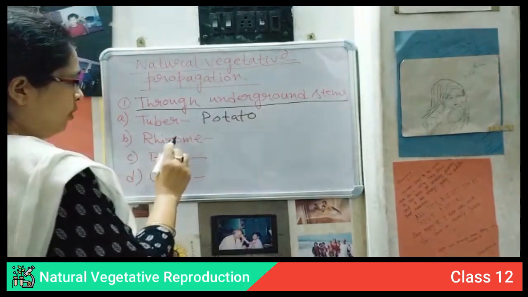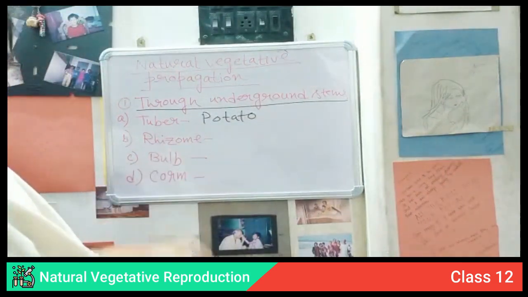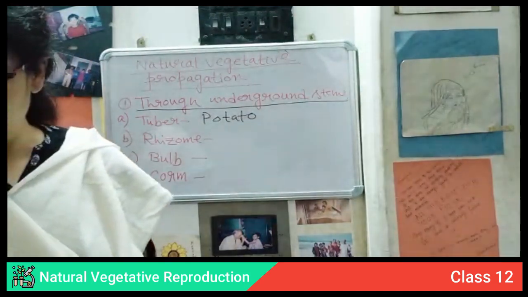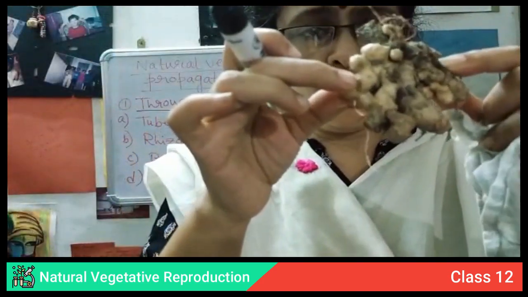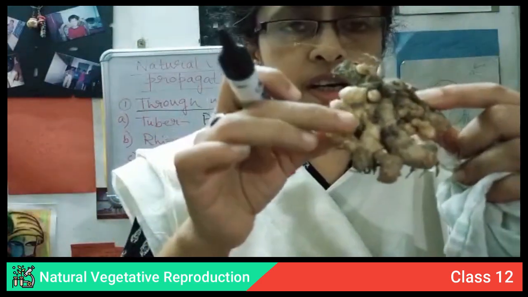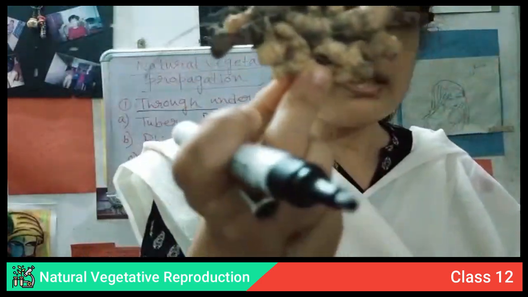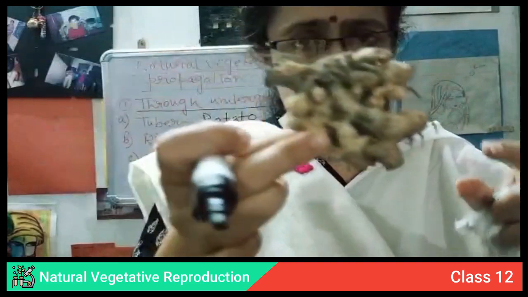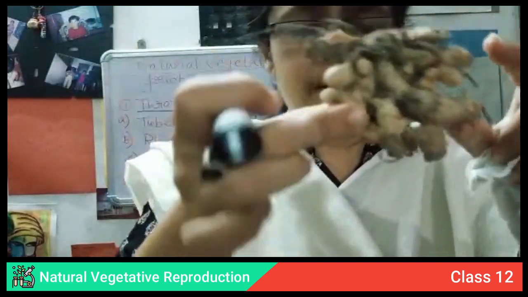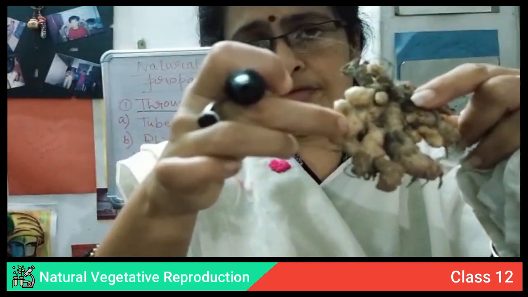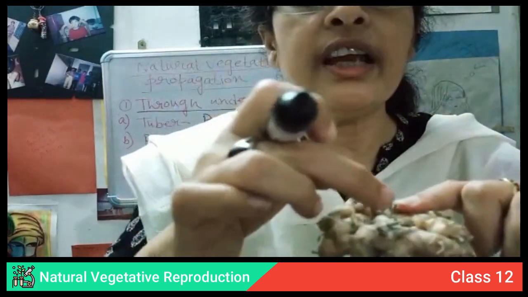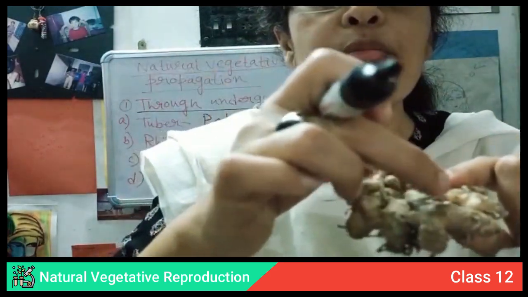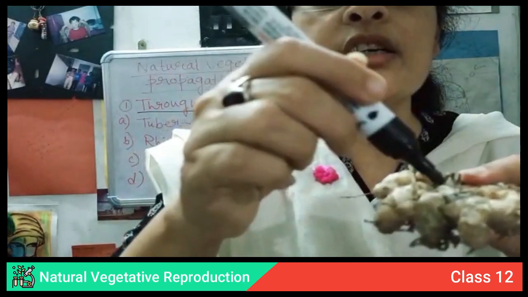Now the next example is rhizome. You know rhizome. What is rhizome? Rhizome is ginger. Rhizome is also a condensed, fleshy stem because it stores food. What type of food? Starch. And you see that in the rhizome there are prominent nodes.